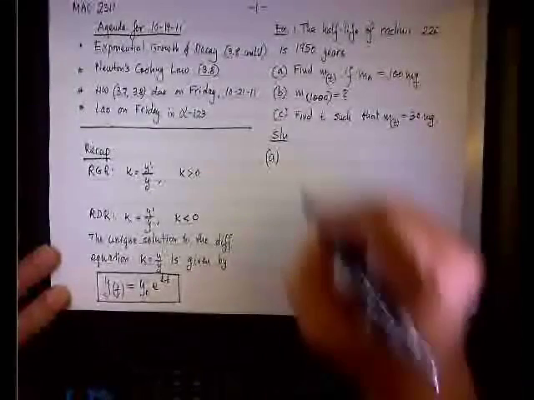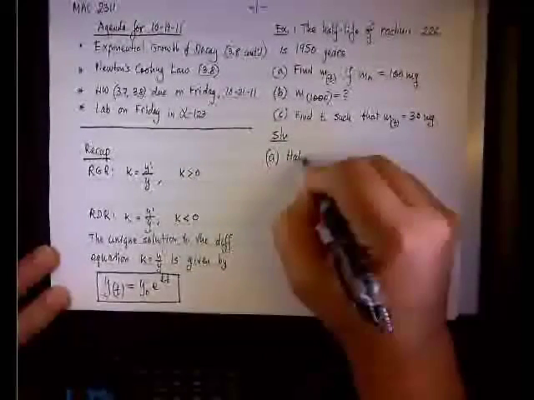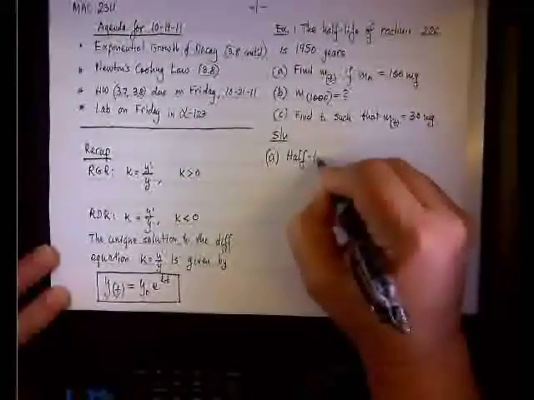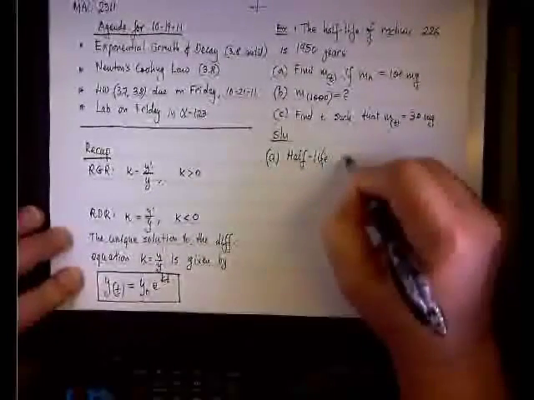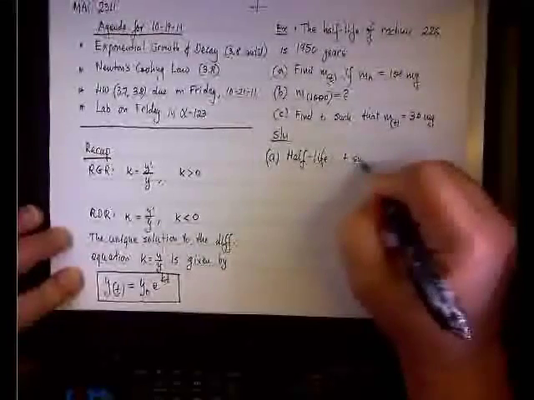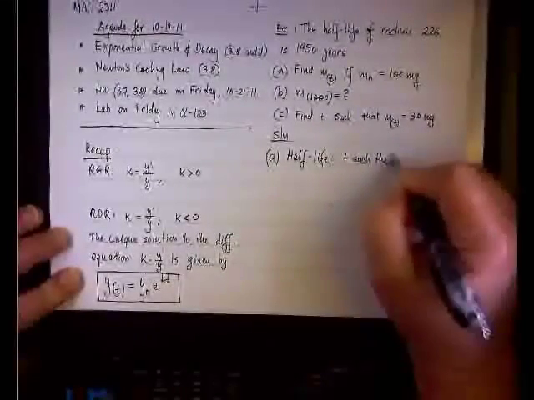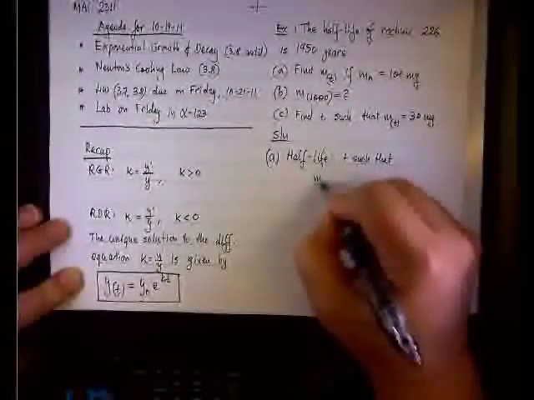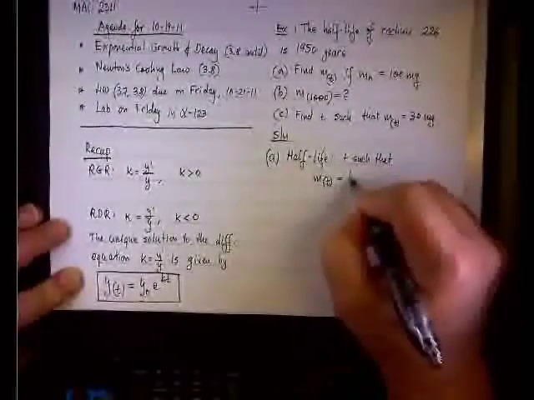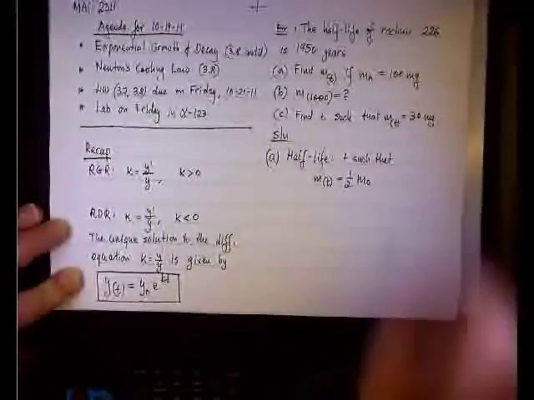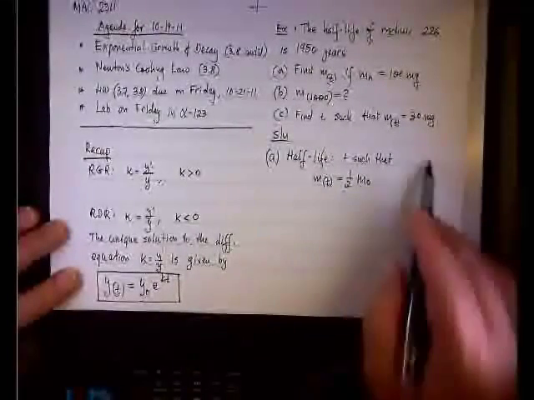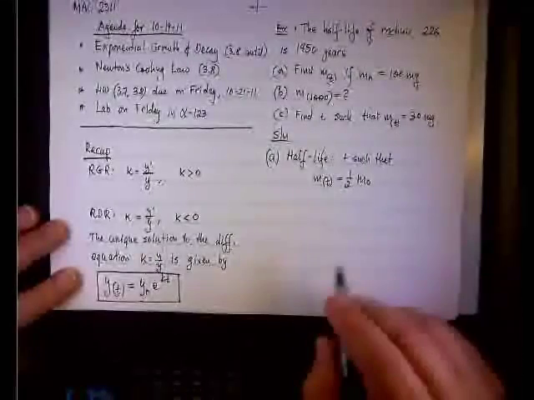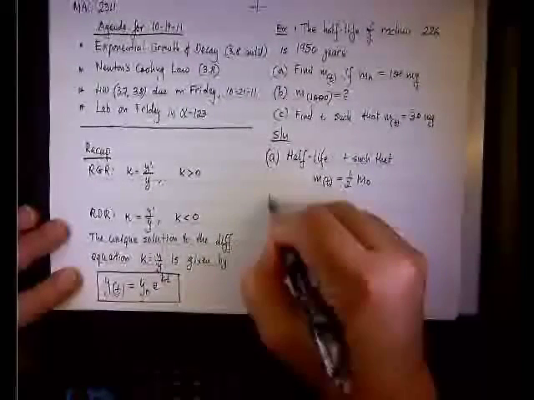Let's say the following. For part A, half-life is the time t such that m of t equals 1/2 of the initial m sub 0. So what is m of t?